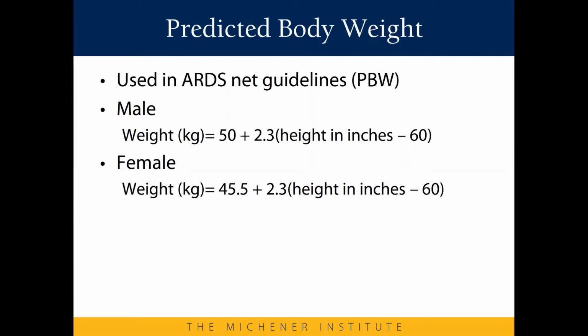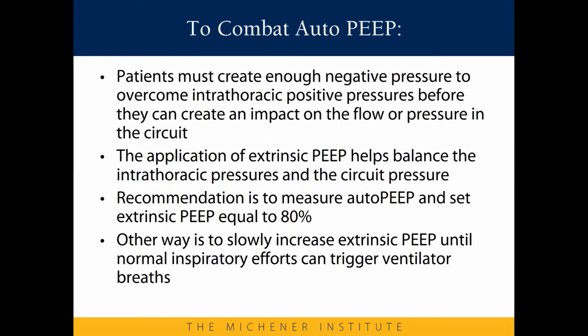And to combat auto PEEP, we need to make sure that the patient is able to create enough negative pressure in order to draw the specific amount of flow or pressure from the circuit that is required for the ventilator to recognize the patient is asking for a breath.